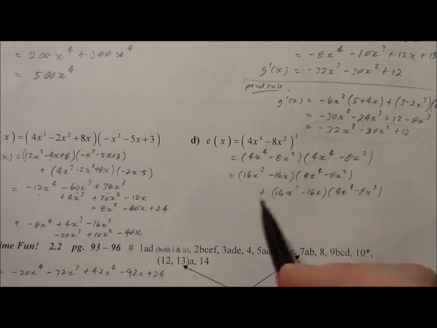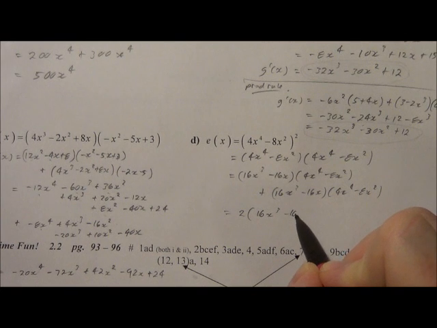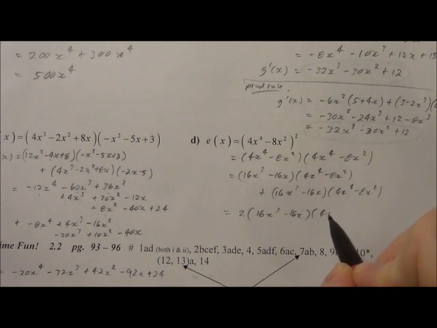And we see that there's two of those, so that would be 2 times all this, 16x cubed minus 16x times 4x to the power 4 minus 8x squared.